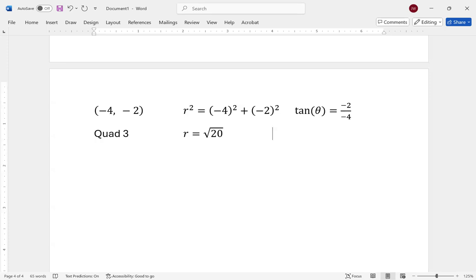Since we are in quadrant 3, theta is going to be the inverse tangent of, again, think of it as 2 over 4. If I just type in inverse tangent of 2 over 4 or inverse tangent of -2 over -4, I get an angle in quadrant 1. If I want to be in quadrant 3, but I'm in quadrant 1, I just tack on a plus pi.